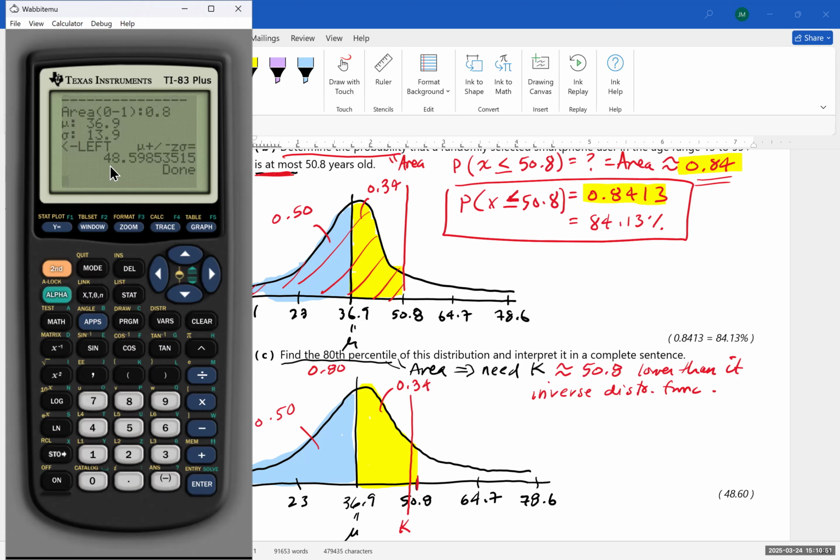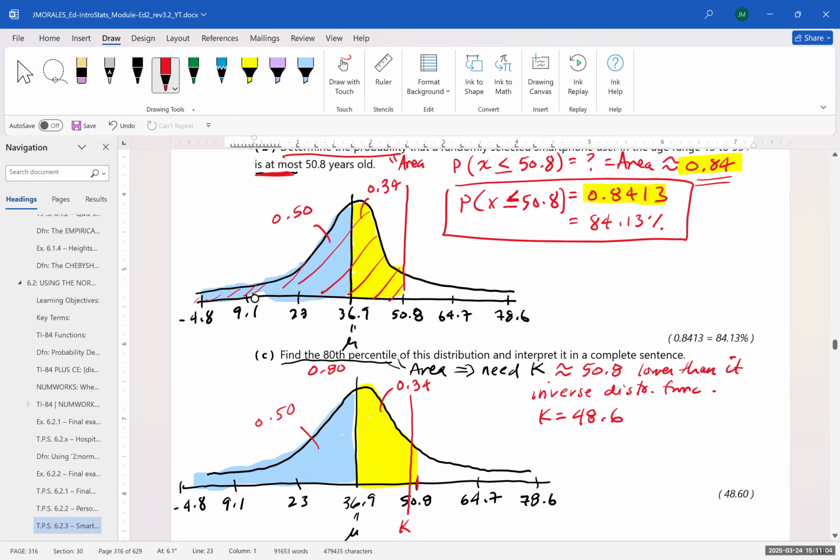So we have 48.5985, or rounded, 48.6. And 48.6 is reasonably close to 50.8, and it is a little bit underneath it. So that fits our expectation there.